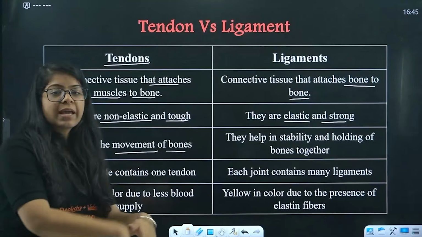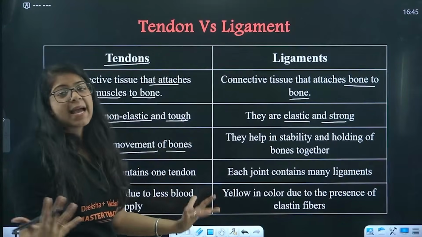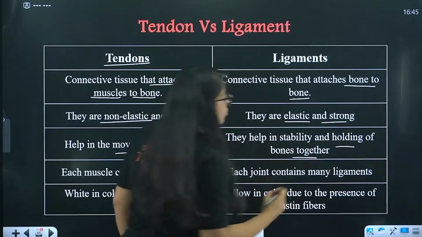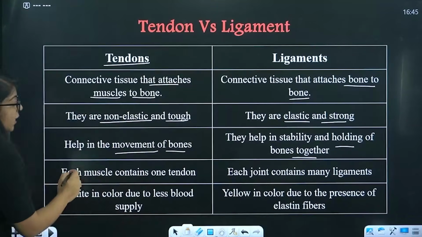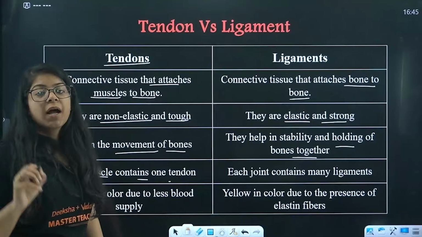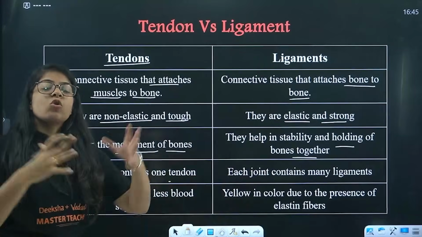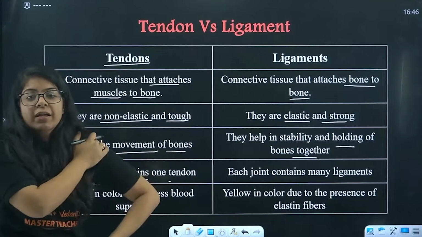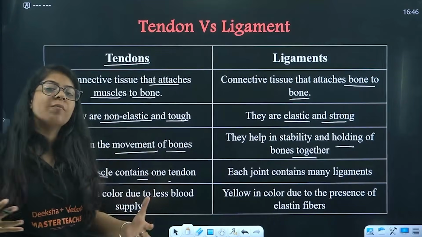Muscles and bones can be moved, I can stretch, I can relax, but ligaments help in stability and holding the bones together. Each muscle contains one tendon, but in ligaments, beta, so many are there. Each joint contains so many ligaments.